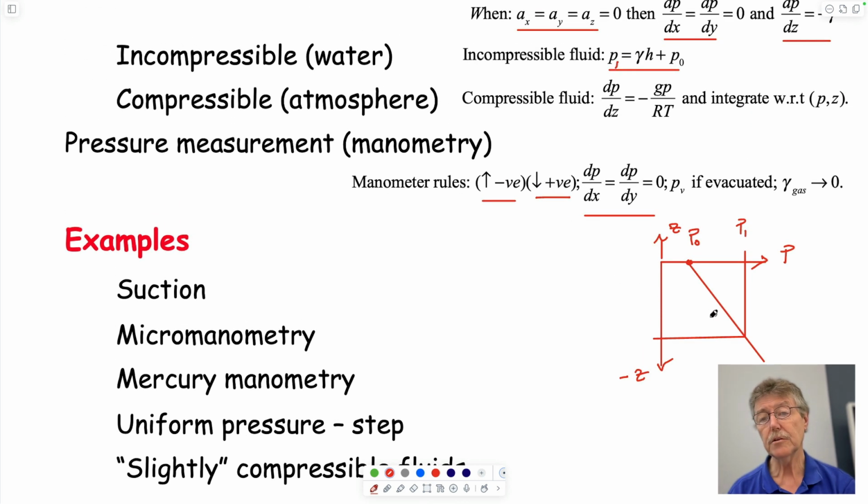And this magnitude here is h. So we make the distinction between h, which is always positive, and z, which is a vector and always has direction. It's just easier for us to do that at this stage.